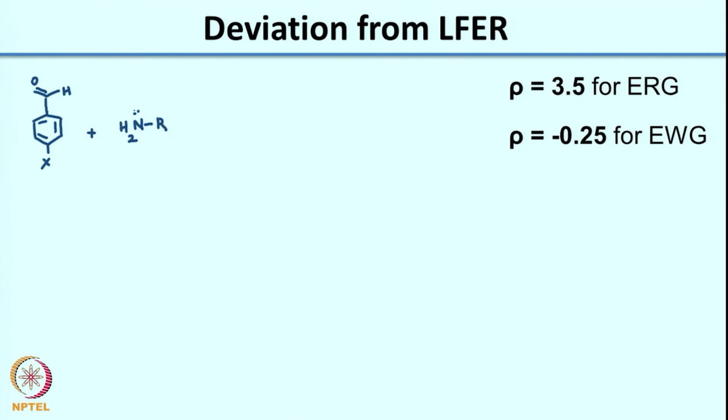So, in the first step what will happen is you will have attack of the NH2 lone pair, and what this would generate would be an intermediate as shown here.